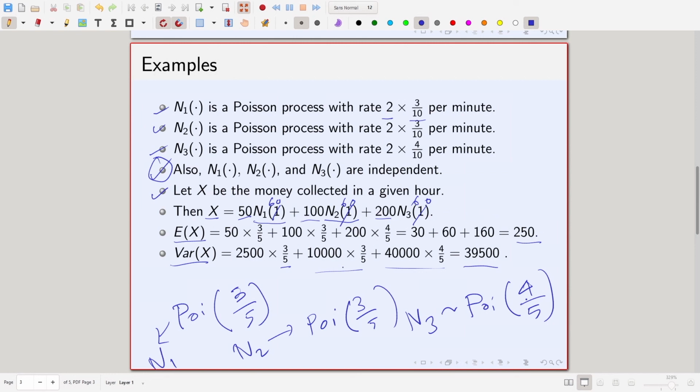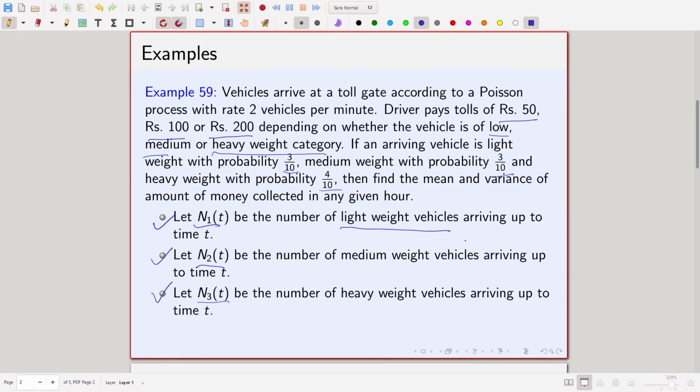So, the expectation of X is this times 60, and the variance, because again the variance will be lambda times T, will be this times 60. So, hope you have understood why the solution which I gave was initially slightly wrong, because the unit given here is per minute and you are being asked for something about a given hour.